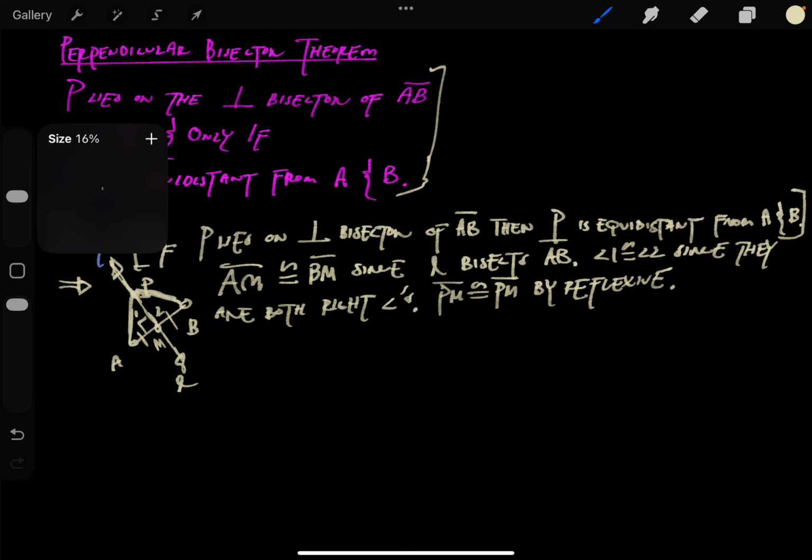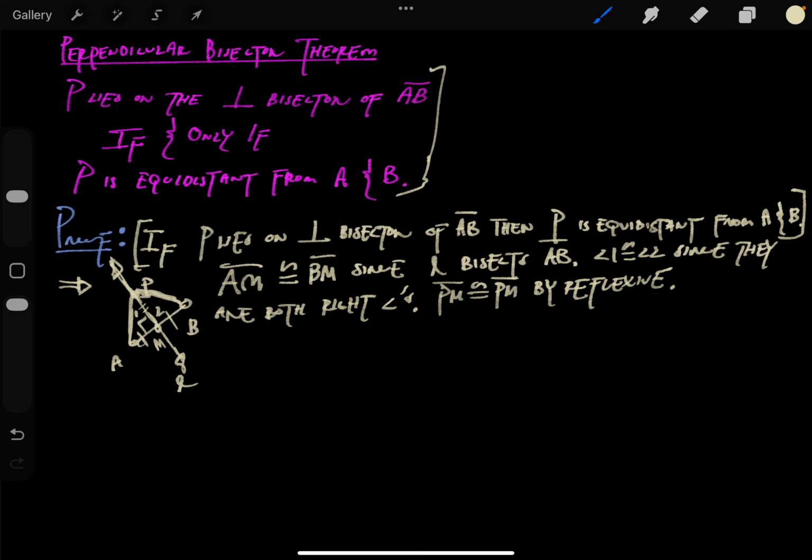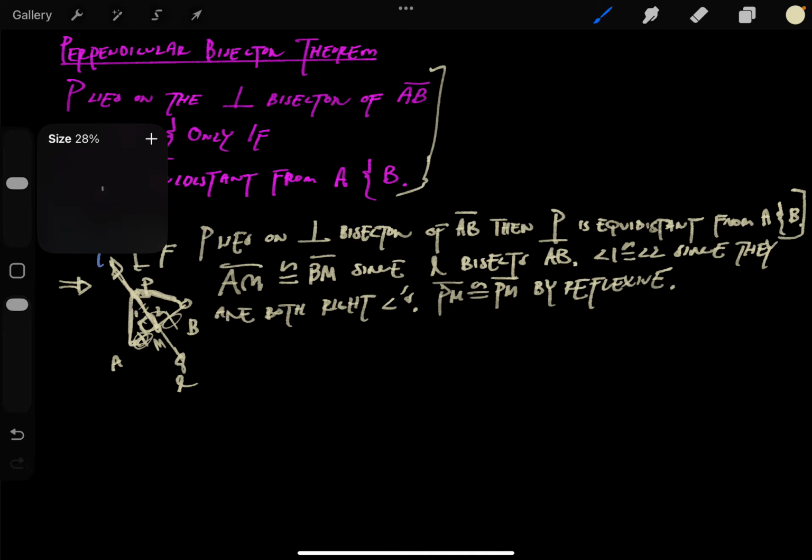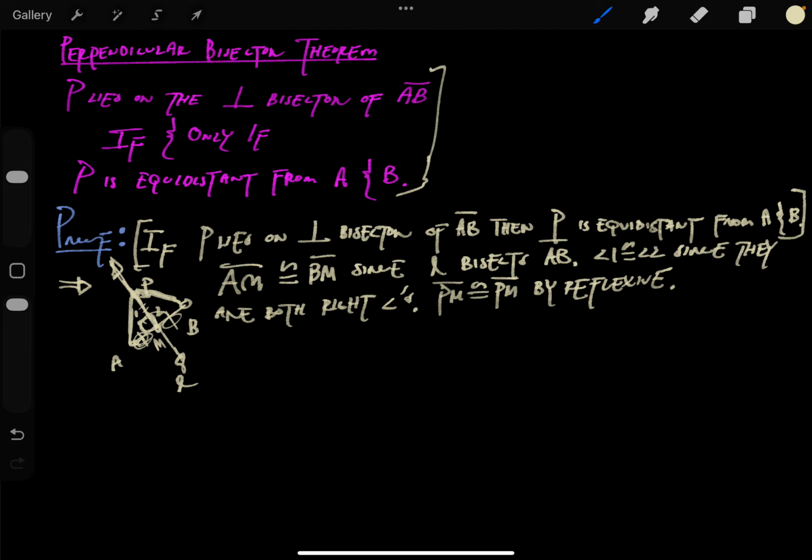Now I have a side, this side is the same as this side, and an angle, this angle is the same as this angle. So by side, angle, side, triangle AMP is congruent to triangle BMP.